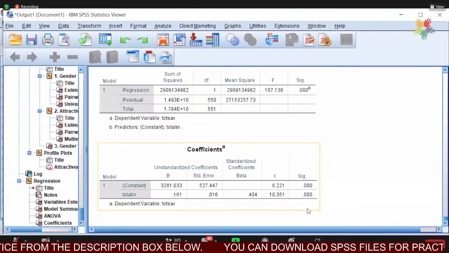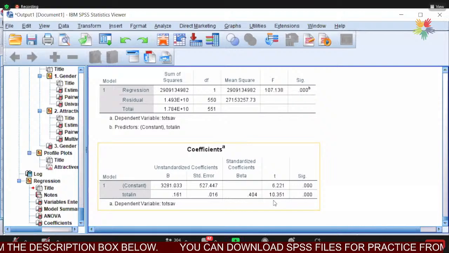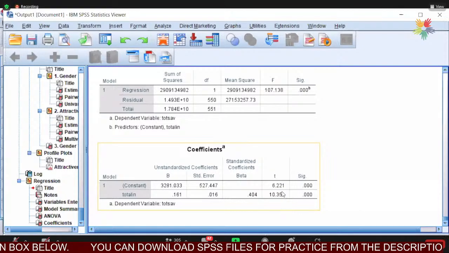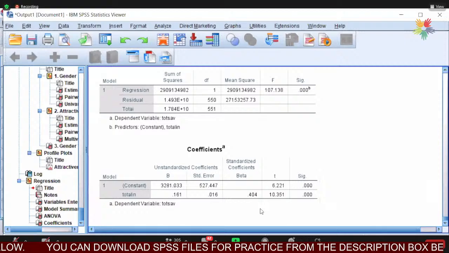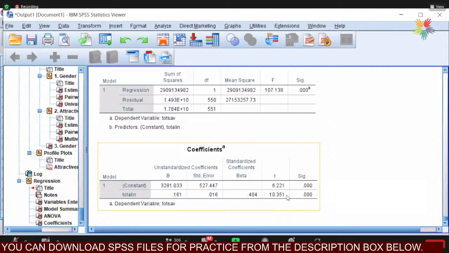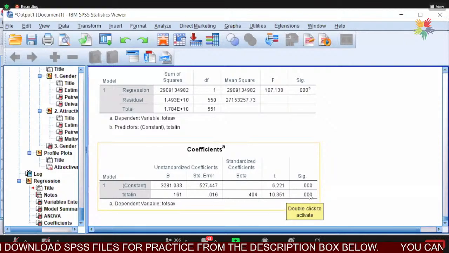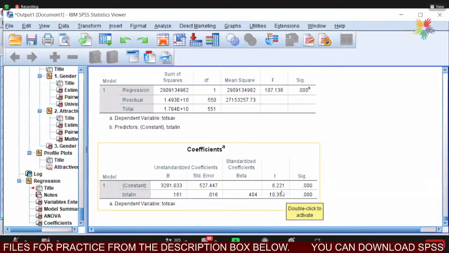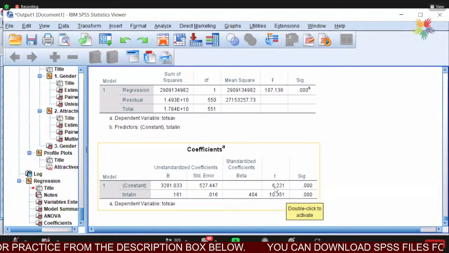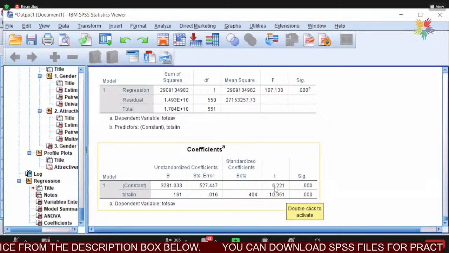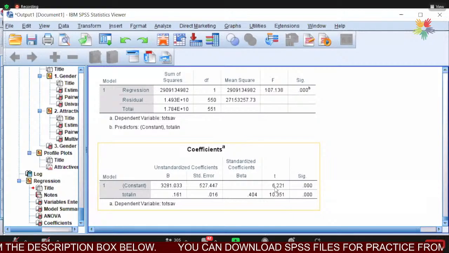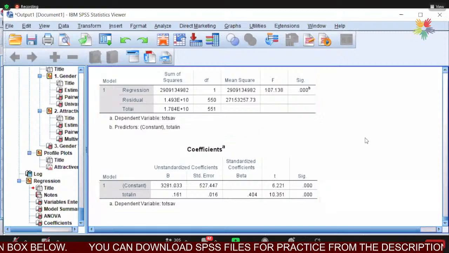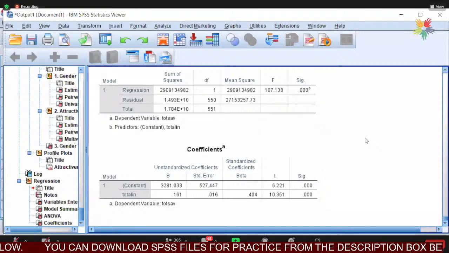Now, the second point is you can look at the t-value also. When the significance value is less than 0.05, there is an influence. When you look at the t-value, when the t-value is more than 1.96, which means there is an influence.